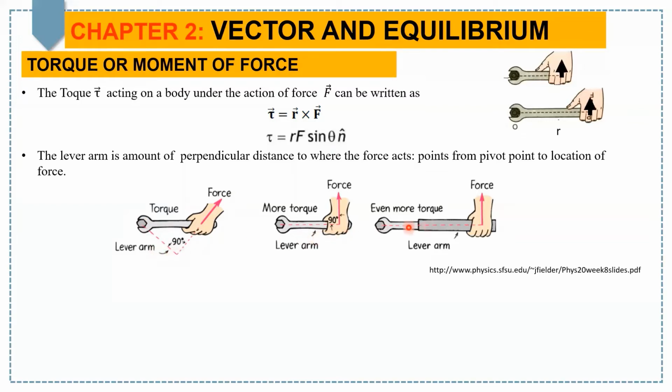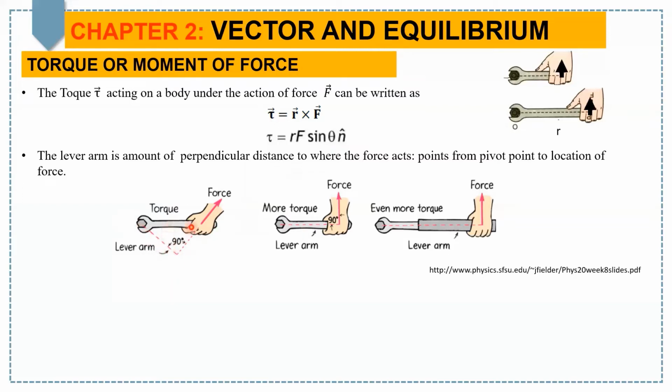As you can see in these two figures, the line of action of the force is at 90 degrees to the lever arm. In these two cases, the lever arm is passing through the handle of the spanner. But what if the force is acting at some angle theta with respect to the handle of the spanner? In that case, the lever arm would be here, which is shown by these dotted lines. But it is exactly following the definition of lever arm, the perpendicular distance between the line of action of the force and the axis of rotation.